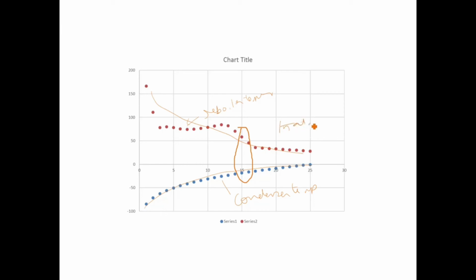If we fix that 15 atmosphere, then your condenser temperature is around minus 20 degrees centigrade. It can be plus or minus some number, and then your reboiler temperature is around 60 degrees centigrade, which is not bad.